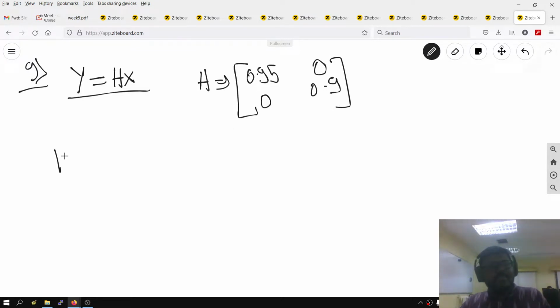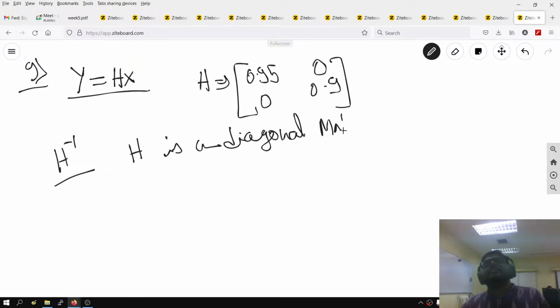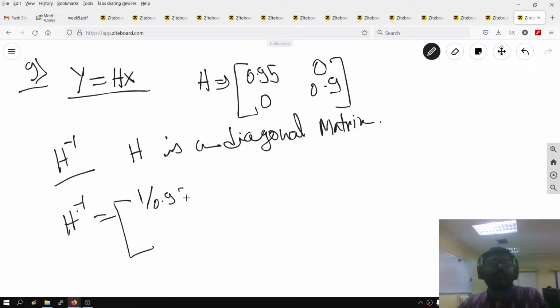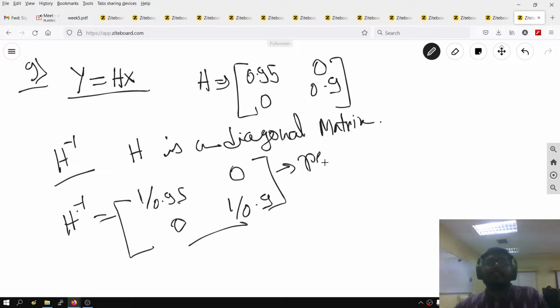So what is h inverse? If h is a diagonal matrix, then its inverse is just 1 by 0.95, 0, 0, 1 by 0.9. What is this? Just the reciprocal of the diagonal elements.